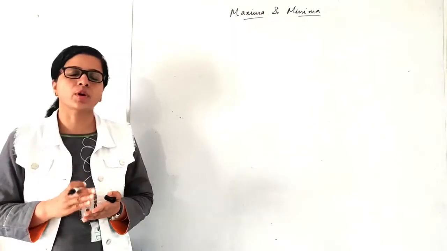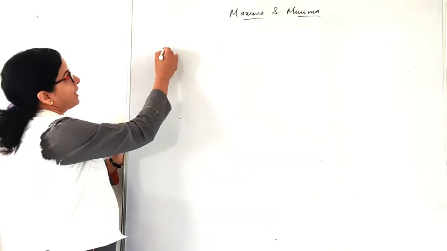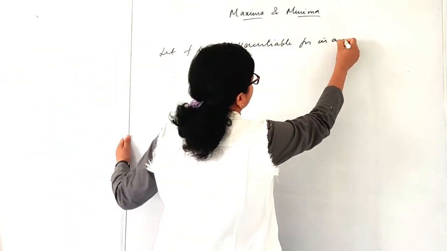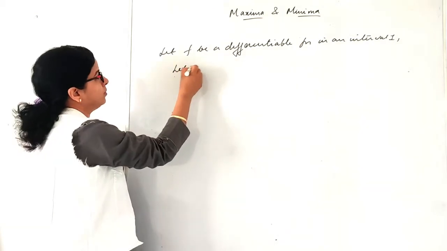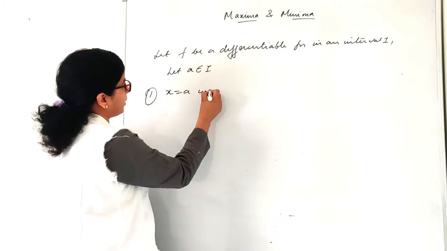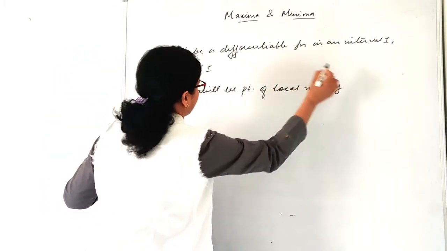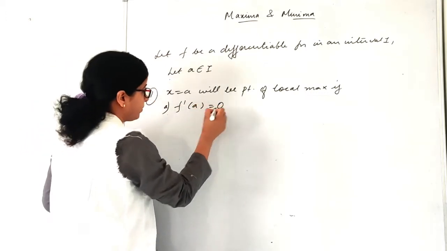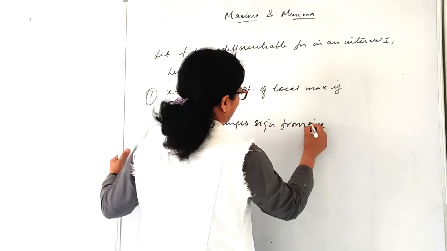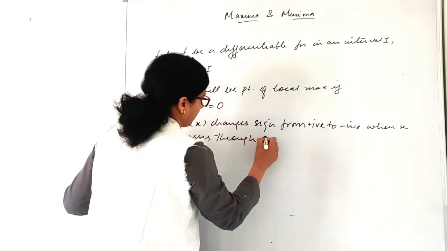So let us now discuss the first derivative test for local maxima and minima. So let f be a differentiable function in an interval I, and let a belong to I. Then x = a will be a point of local maxima if f'(a) equals 0 and f'(x) changes sign from positive to negative when x passes through a.